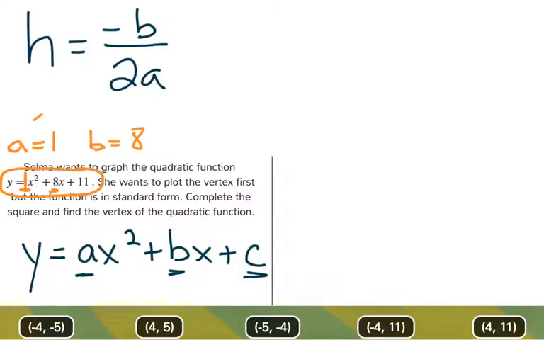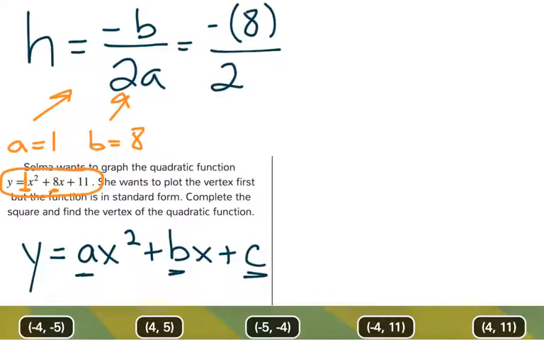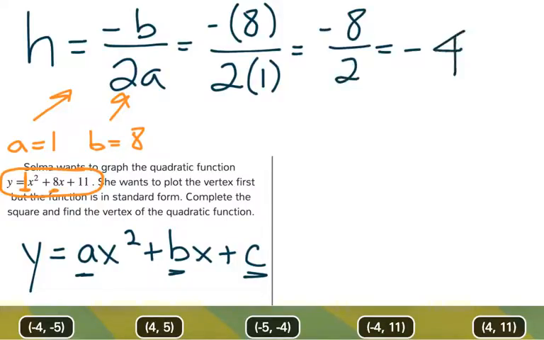So we can plug those straight into this formula and find h. So negative b, we have negative, and then b is 8 in this case, divided by 2 times a. Well, a is just 1 in this case. So we get negative 8 divided by 2, which is negative 4. Okay, so that is our h.